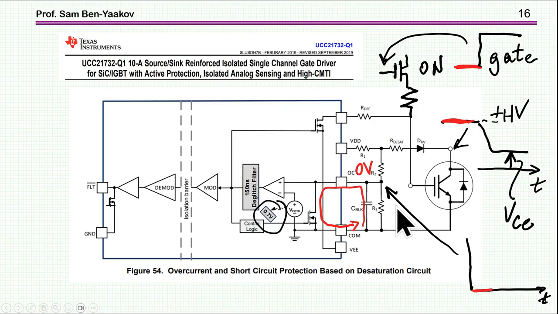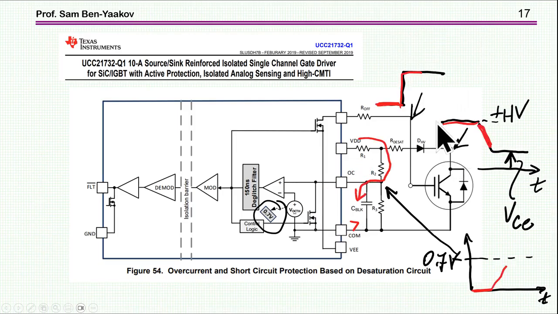At the very beginning, when the on transistor is off, the capacitor is being discharged or shorted out by this FET here. This is prior to the gate turning on. At this point, the voltage across the outer transistor is high, so this is the starting point.